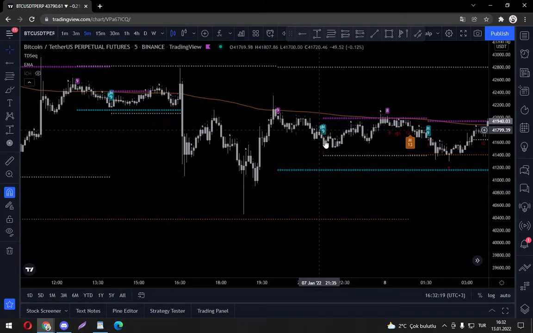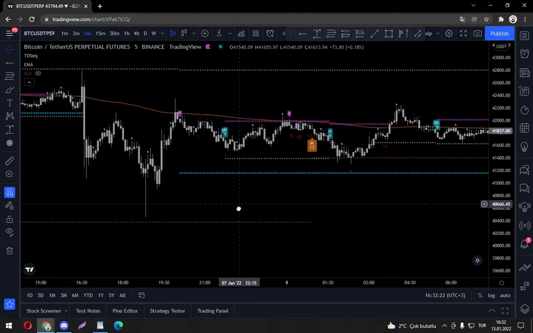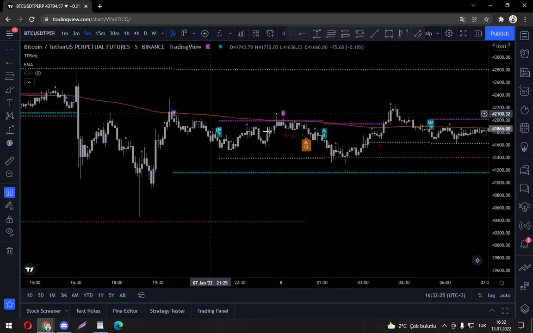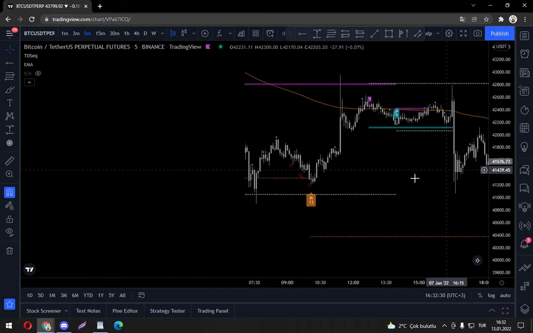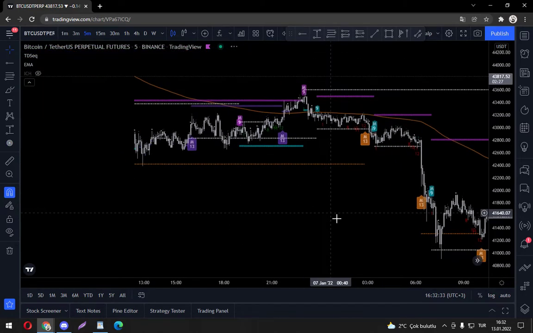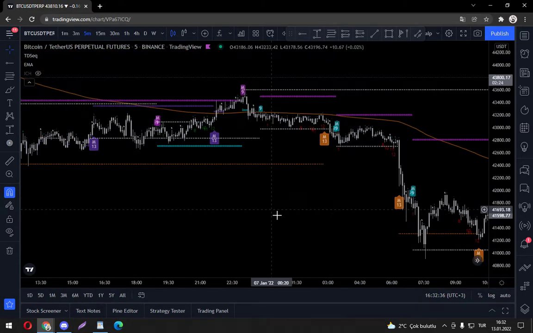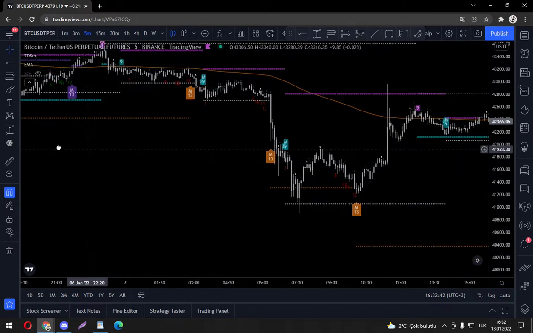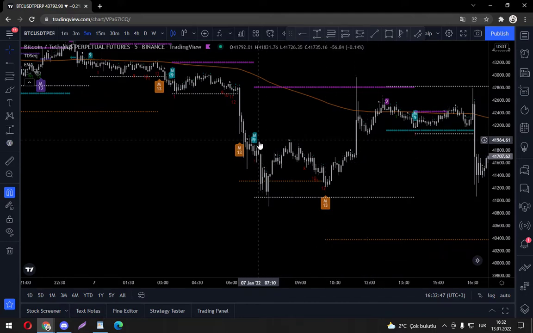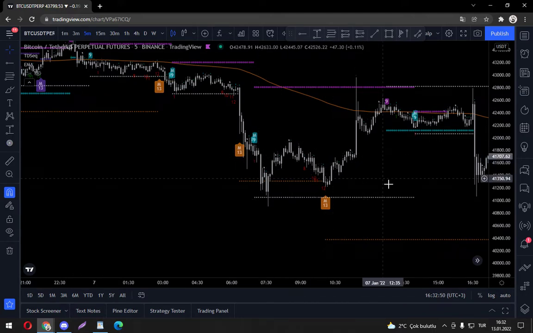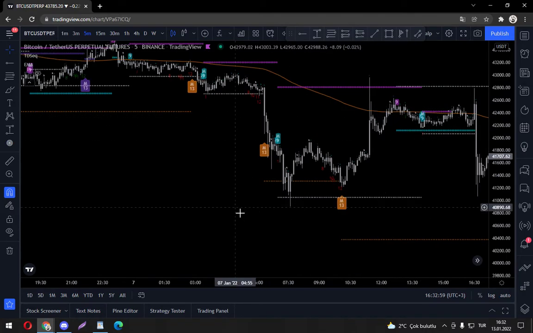For example, I wouldn't be willing to buy here or here. I would only be willing to sell and check whether it's a TD Sequential sell setup or not when the prices are below the 200 EMA. If you're aware of the market structure and price action, you can also check for the market making higher highs and higher lows in order to catch a buy setup, or you can do the reverse of it, market making lower lows and lower highs in order to catch a sell setup and make a good profit with it.